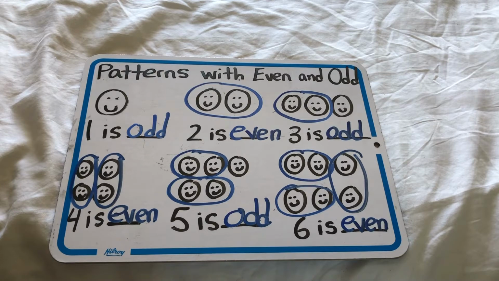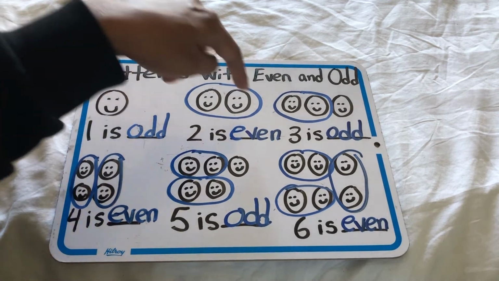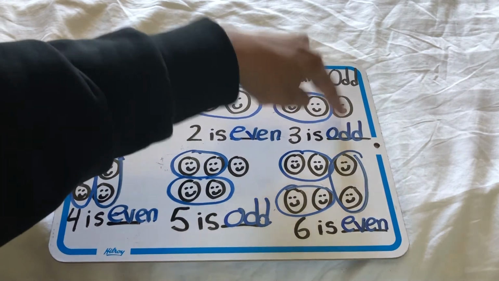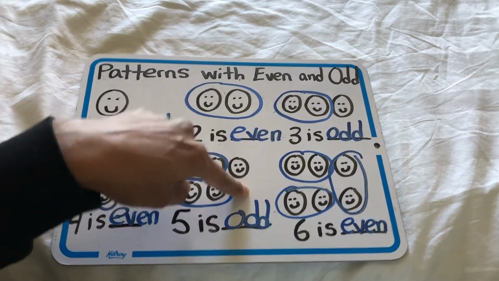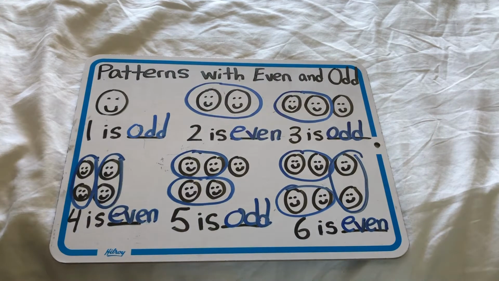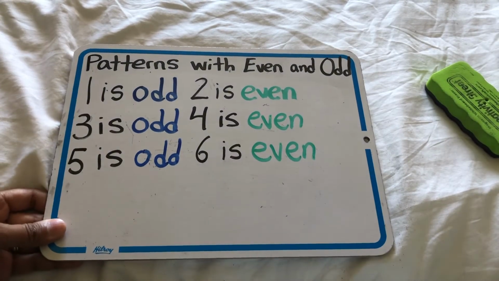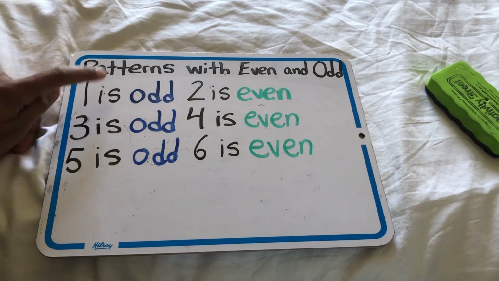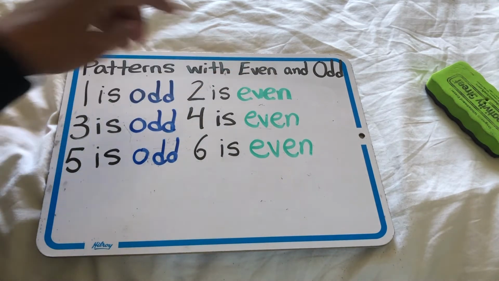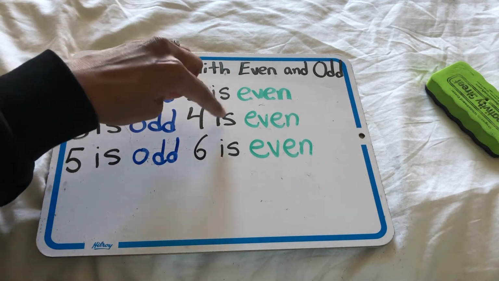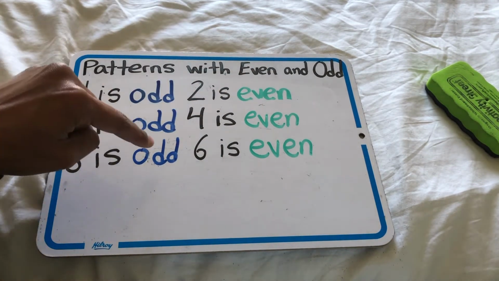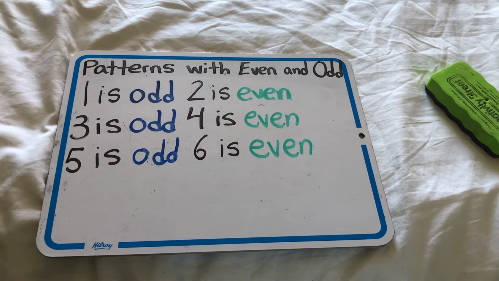What's my pattern? My pattern is odd, even, odd, even, odd, even. I've written it down now, so it's just the words. 1 is odd, 2 is even, 3 is odd, 4 is even, 5 is odd, 6 is even.